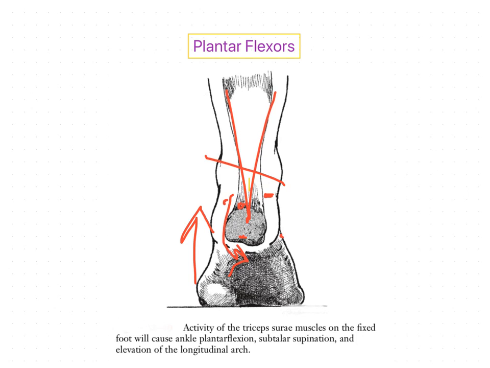The other ankle plantar flexor muscles are the plantaris, the tibialis posterior, the flexor hallucis longus, the flexor digitorum longus, and the peroneus longus and brevis muscles. All these muscles are located posterior to this axis, so these will have some function which helps in plantar flexion along with gastrocnemius and soleus muscle.